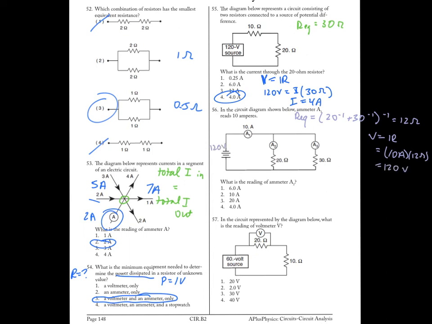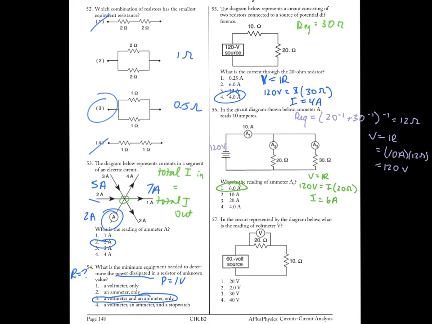Think about how many batteries we could use. All right, now we figured out our voltage, so we could figure out our current in the branch. V equals IR, Ohm's law. 20 ohms, because we're concerned with that branch. 120 divided by 20 is 6 amps.